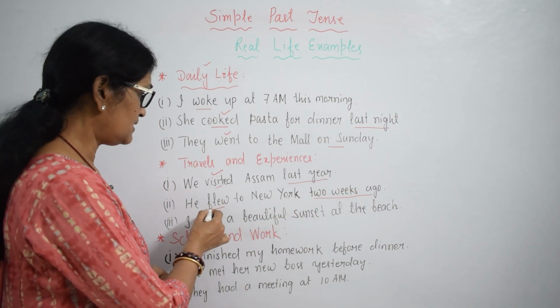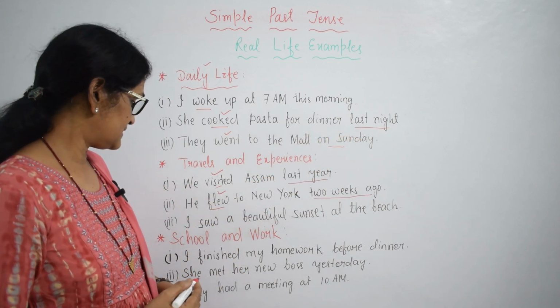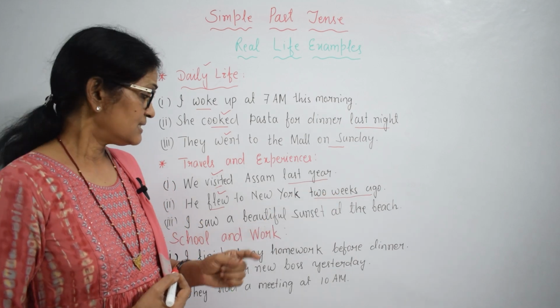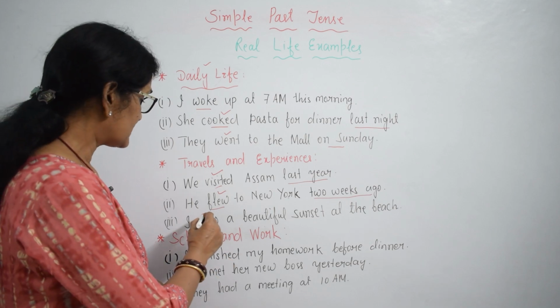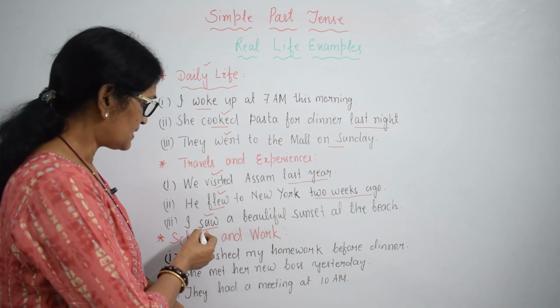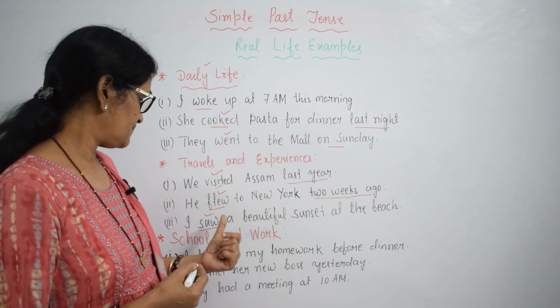The action happened 2 weeks ago. So flew, simple past. I saw a beautiful sunset at the beach. This is a past experience. So the action happened in the past. Okay, so this is in simple past.